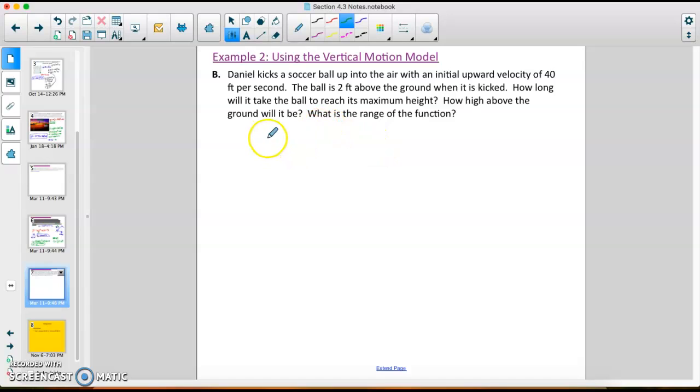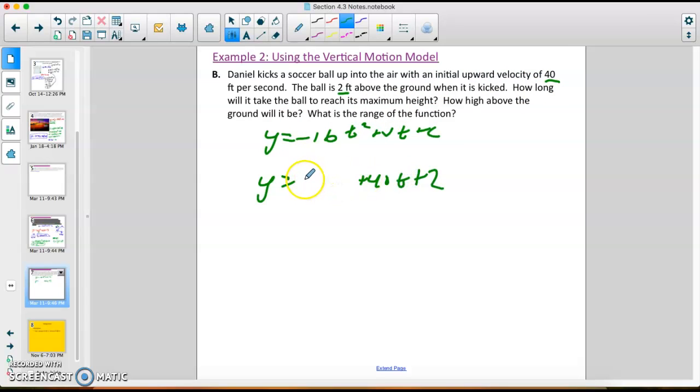And then other questions. Alright, so we have our y equals negative 16t squared plus vt plus c. Okay, we plug in what we know. It was 2 feet to start with, so we have plus 2. Initial upward velocity of 40 feet per second, so plus 40t. And then we still have our negative 16t squared. Our first step is negative b, so negative 40 over 2a, so 2 times negative 16.